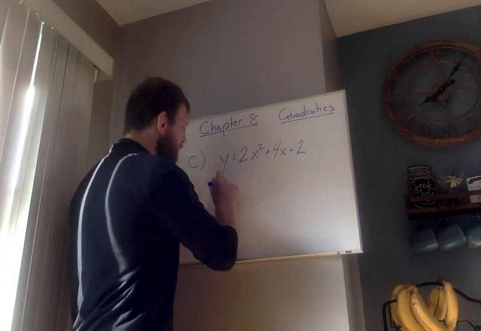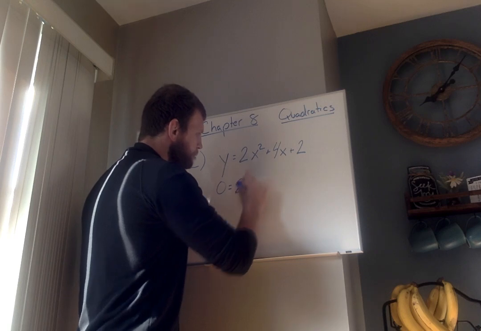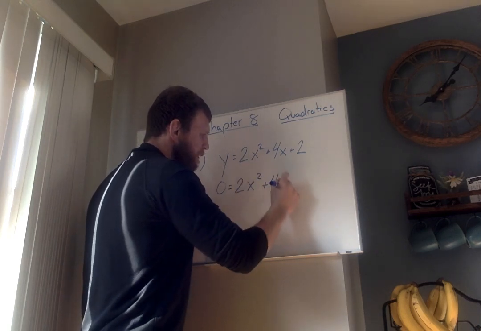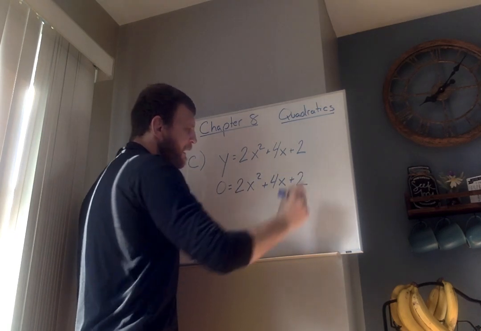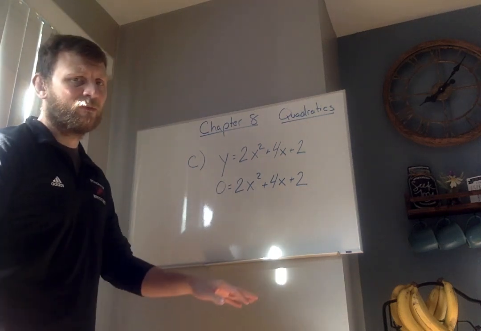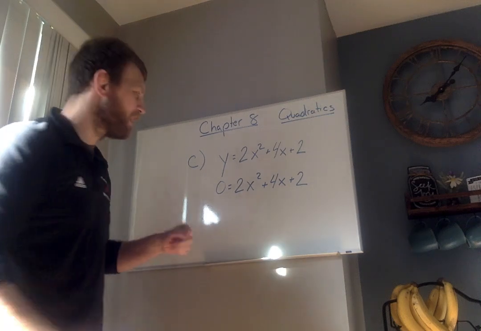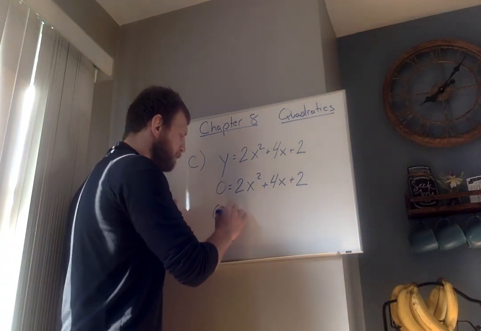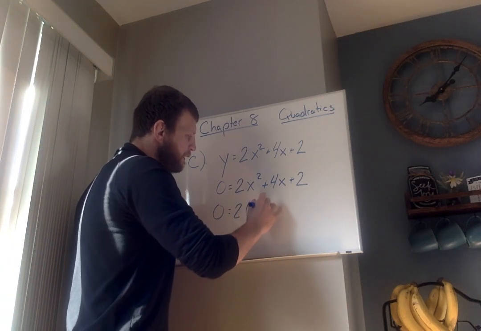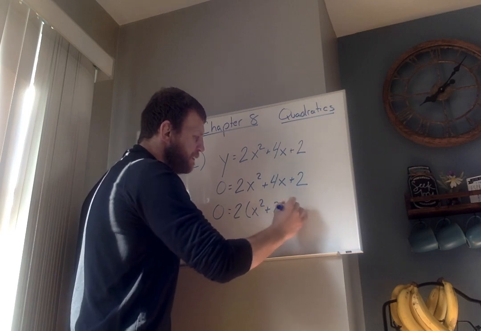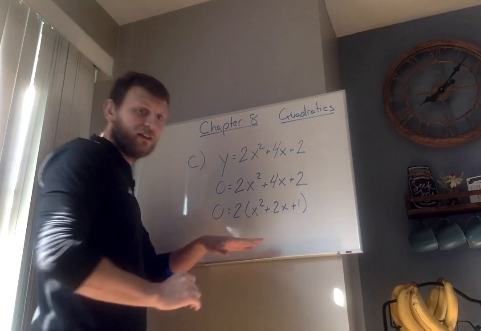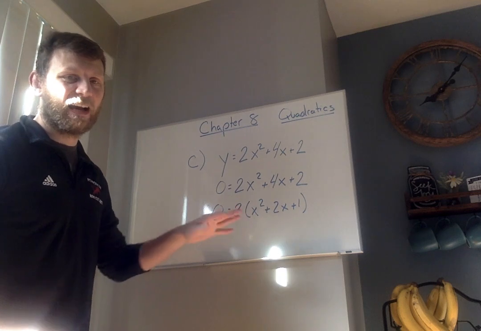So what I'm going to do is set this equal to 0. And then from here, I notice they all have a 2 in common, so I'm going to pull that 2 out. So I factored this out. Now I look at this and I say, can I factor that?